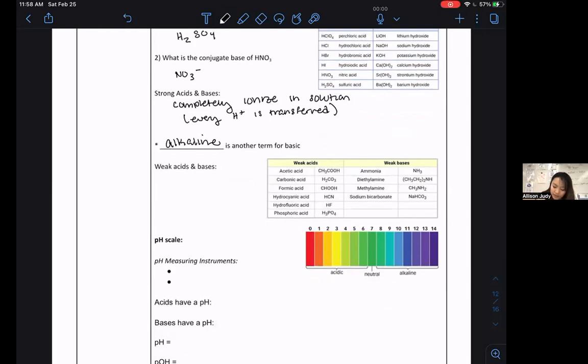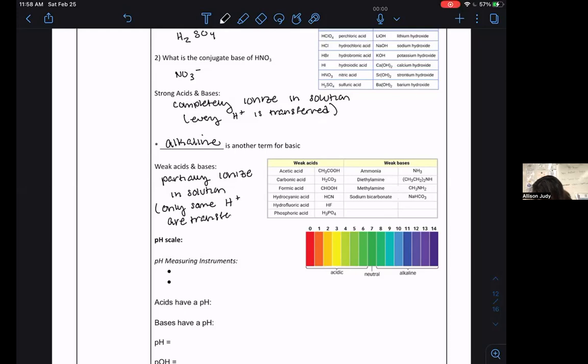Well, weak acid or bases are what we call partially ionizing in solution. So that means not every, or maybe I should put the word some, only some H pluses are transferred.